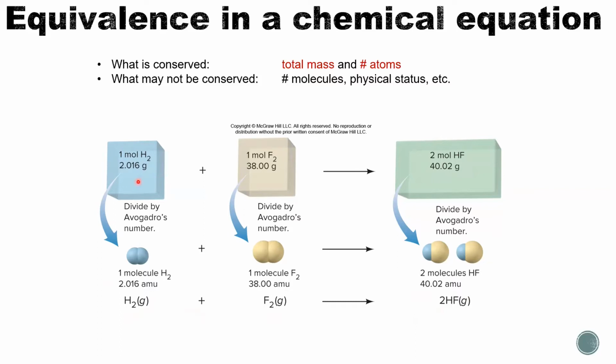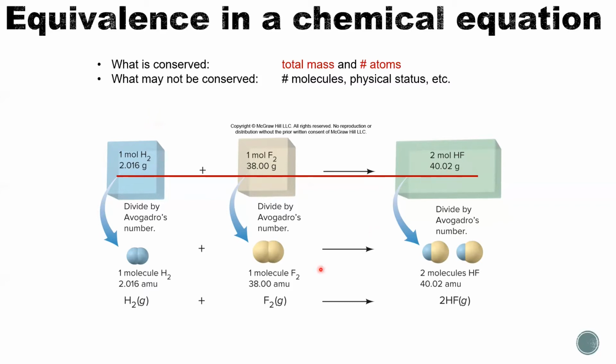For the total mass of reactants, you use 2 grams plus 38 grams, which is 40 grams. After the reaction, the total mass is conserved at 40 grams. There may be a little change in the mass after 2 to 3 digits after the decimal, and those can be ignored. So total mass is conserved.